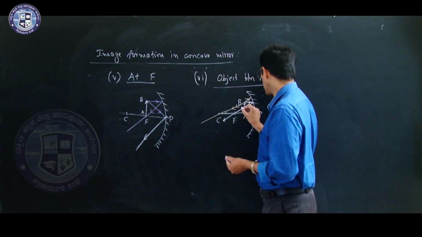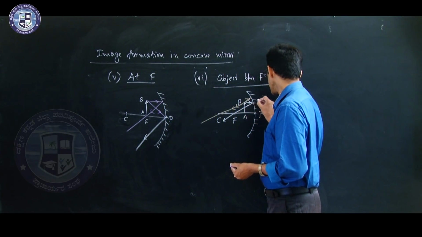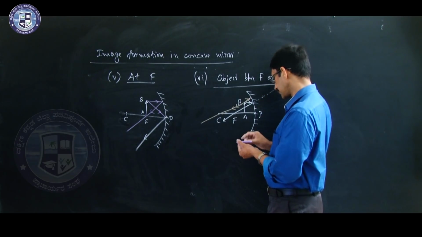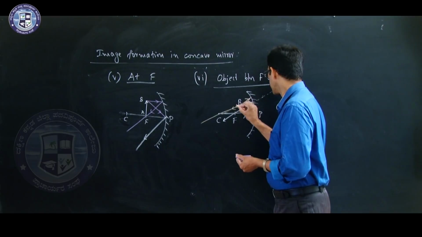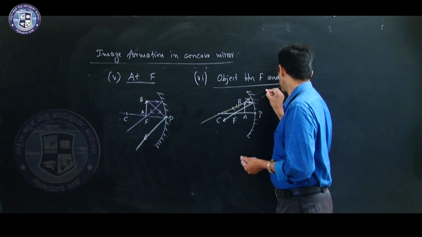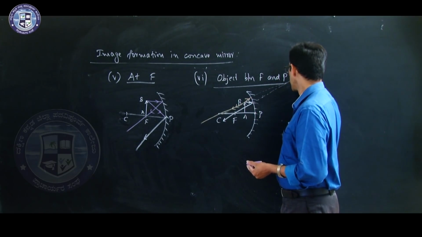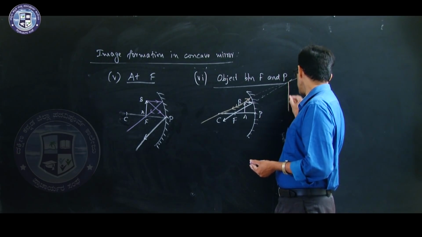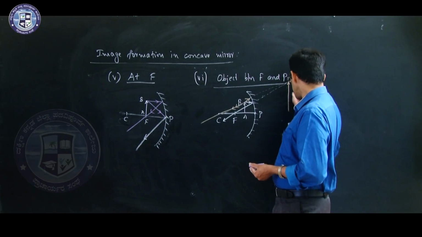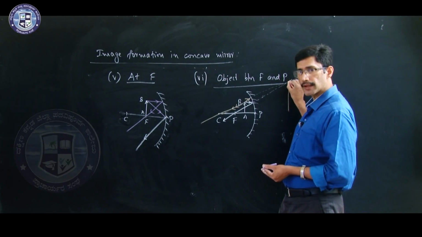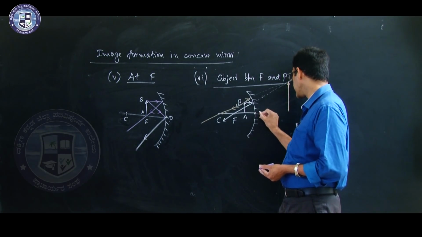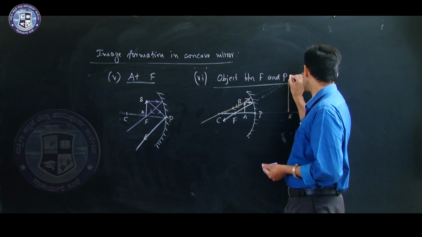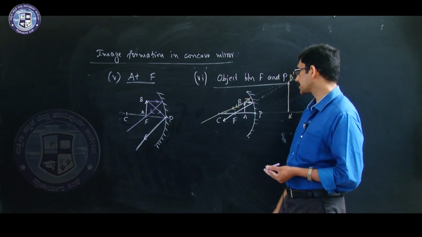Now, when these two rays are produced in this direction, they actually appear to meet at this point, forming the image of the given object, that is A dash B dash.